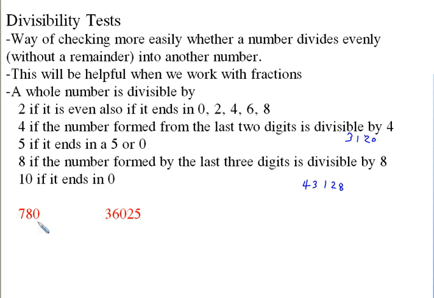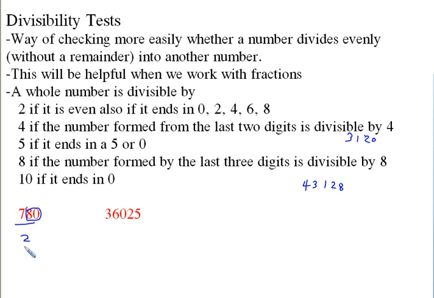So if we wanted to quickly go through these rules and say, okay, is this number here divisible by 2? All I need to do is look at that last digit. Ends in a 0? Yes, it is. Okay, is it divisible by 4? Now I need to look at the last 2 digits here. Last 2 digits, 80. Is 80 divisible by 4?